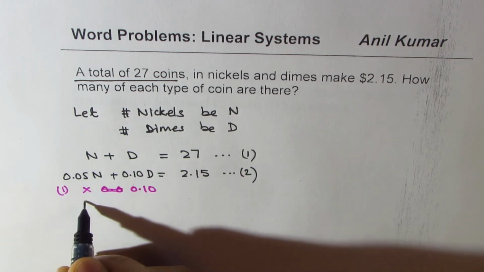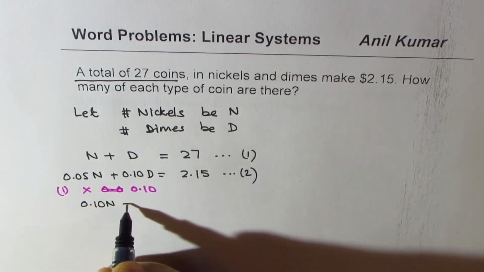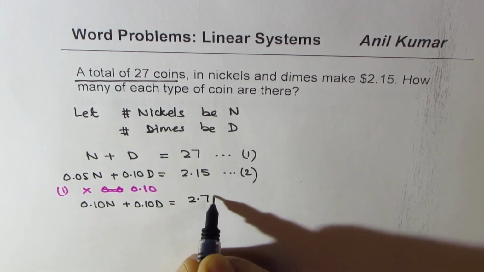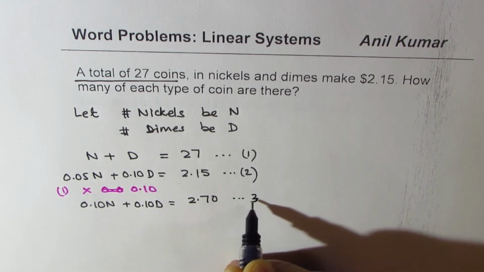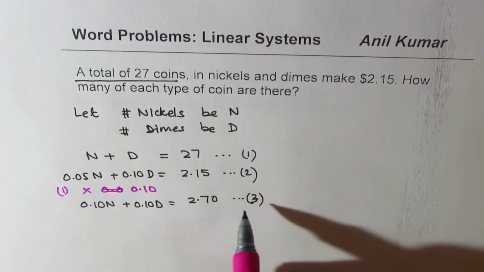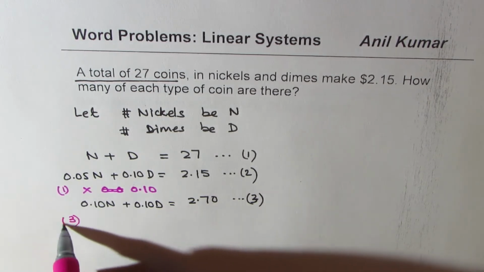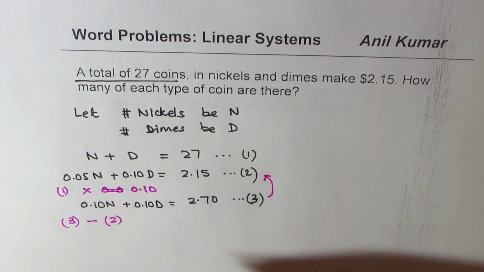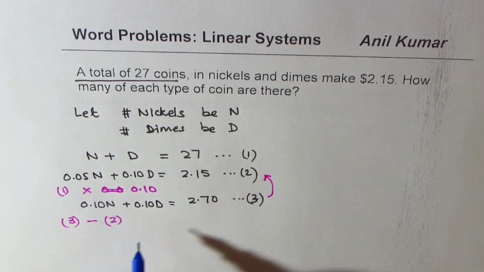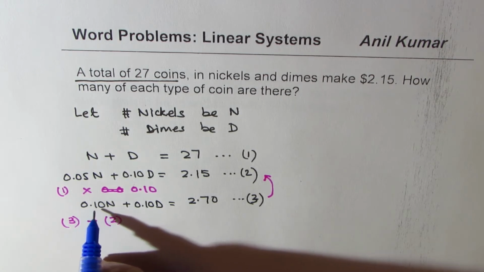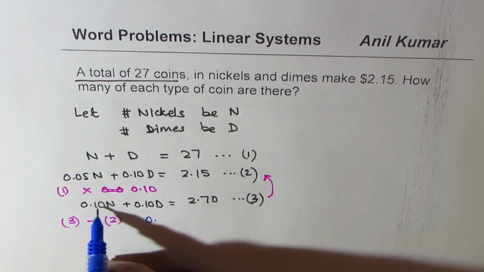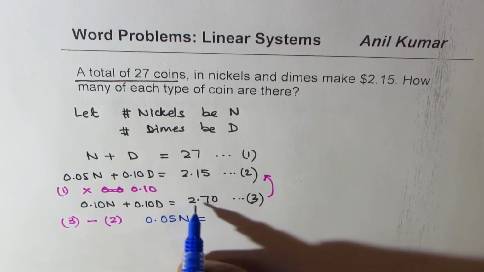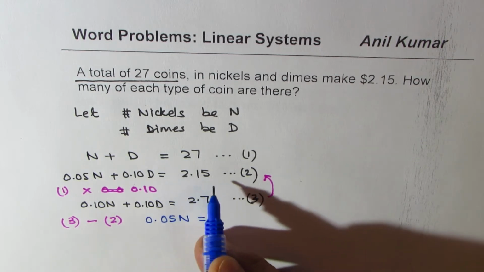Okay. So we get equation as 0.10 nickels plus 0.10 dimes equals to 2.70. Is that okay? So that is simpler. And now it's a question of taking away the difference between equation 3 and equation 2. So if you do this minus this, what do you get? You get in nickels 0.10 minus 0.05 gives 0.05 nickels is equals to 2.7, take away 2.15, right?